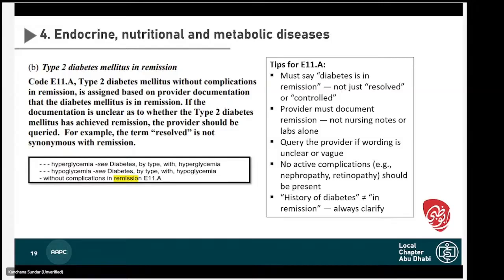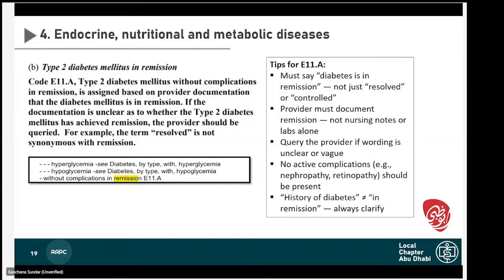So we should check the document and find that no complication is being attributed to the diabetes. Even with conditions where we are defaulting the complications, those conditions also should not be there in the document. If it is there, please go ahead and query. If any complication is present, don't code for remission. And that is a very important takeaway.